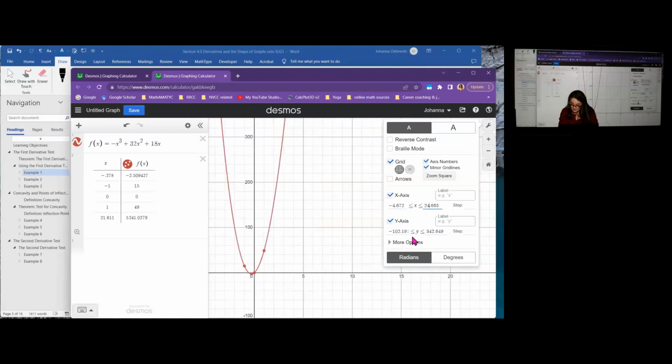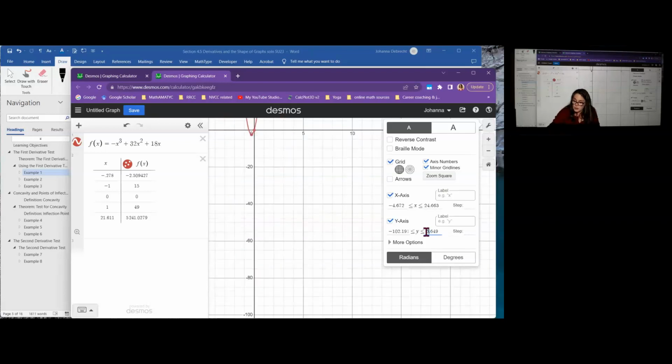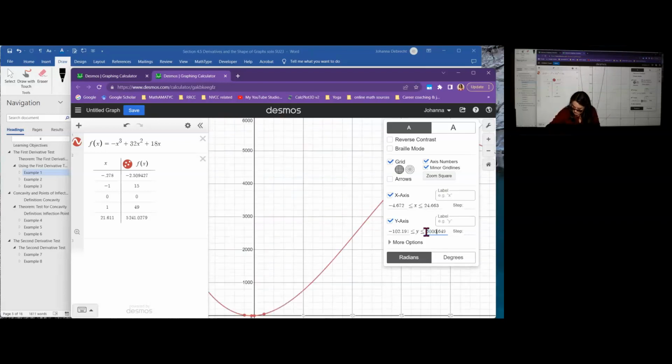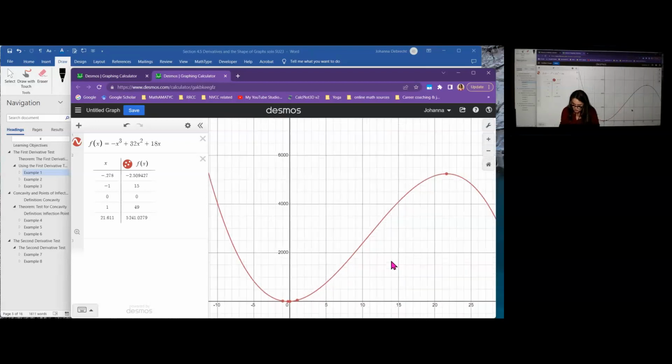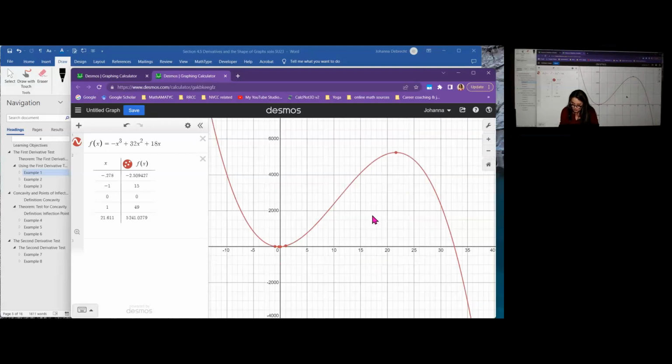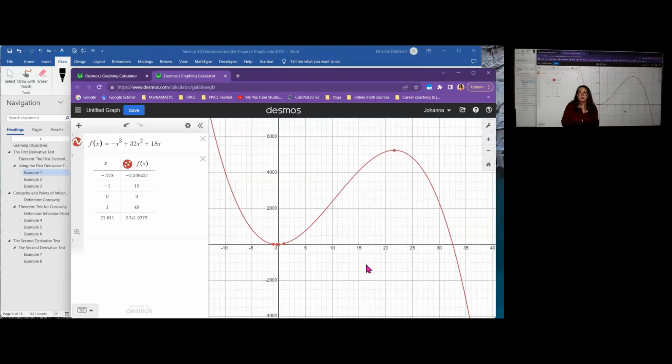For the y-axis, it's okay to go below, but I need to go up above, well, 5,241, so let's just go up to 6,000. Now, when I click on the graph, if I scroll in, I can see more of the detail of the graph. The problem is this relative minimum is so slight that I can't really tell exactly where it is.